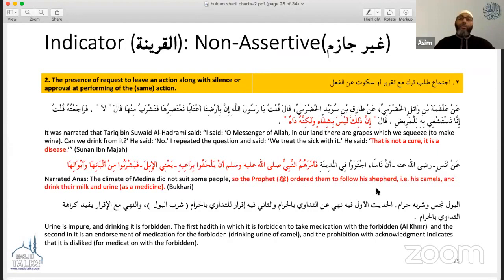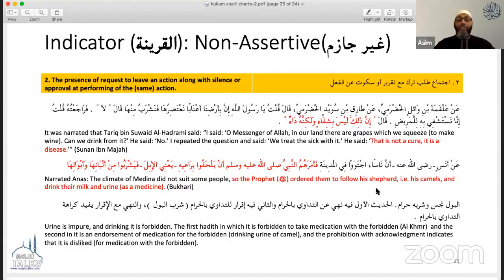Now we know that urine itself is najis, it's haram to drink, but in this case, when somebody was sick, and specifically for the cure of their sickness, Rasulullah sallallahu alaihi wasallam allowed the people to drink the urine of the camel.